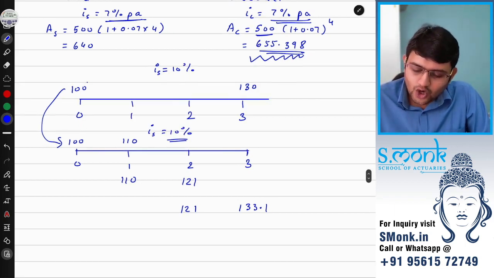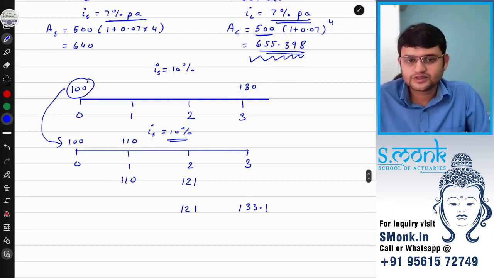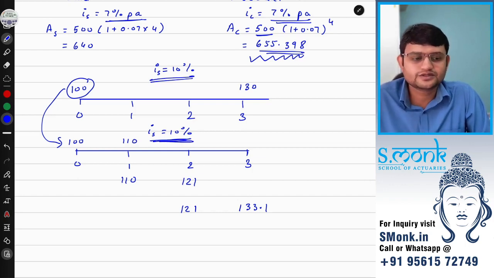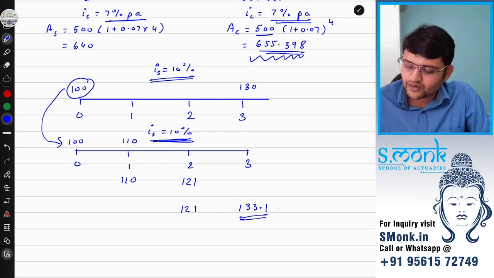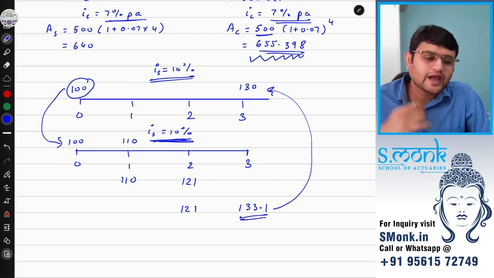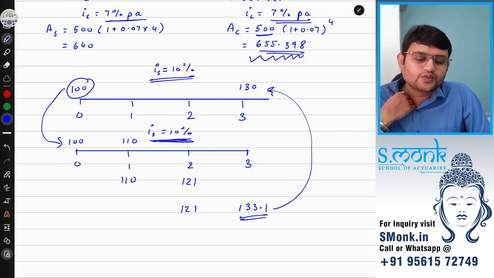So I took your 100 rupees, gave interest at exactly the same rate, and I made a profit out of it. You can clearly see I will give you 130 back and keep 3.1 rupees as profit.